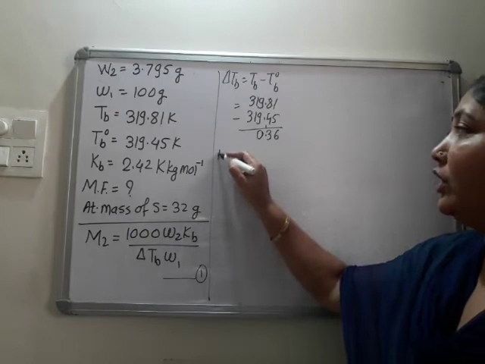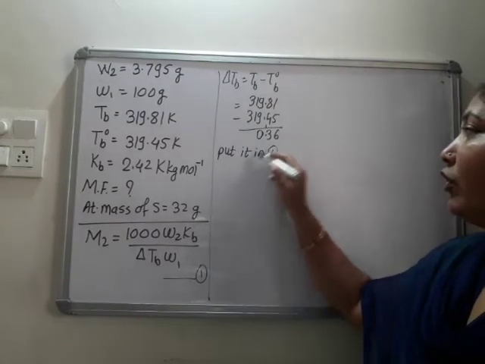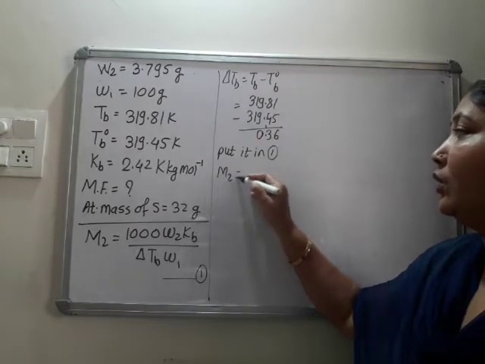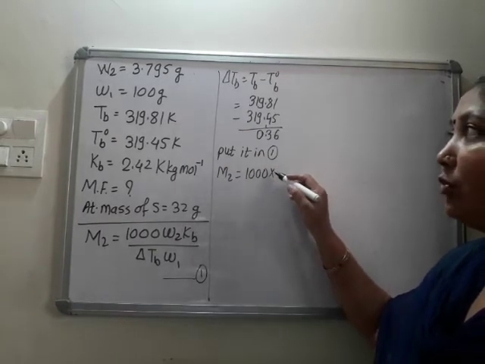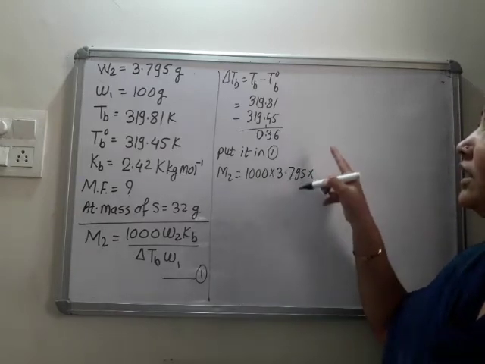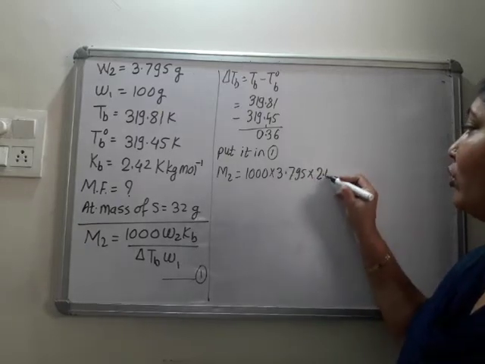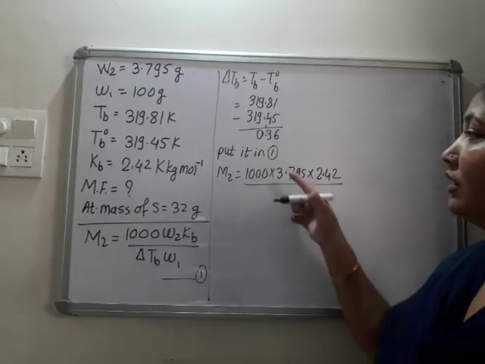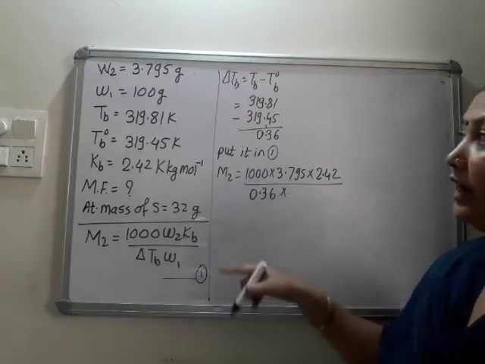Now put this value in 1. So what do we get? M2 is equal to 1000 W2. W2 is how much? 3.795. Then Kb is 2.42 upon delta Tb 0.36 and W1.